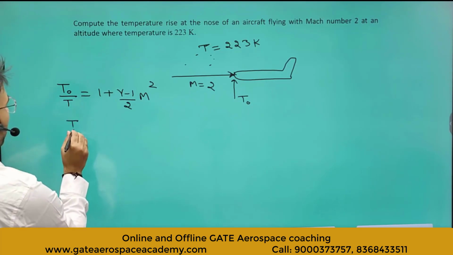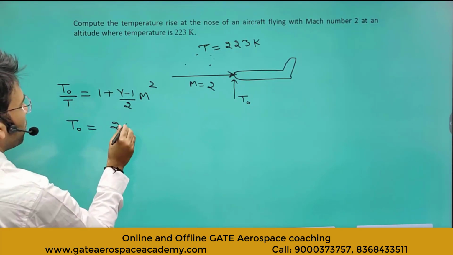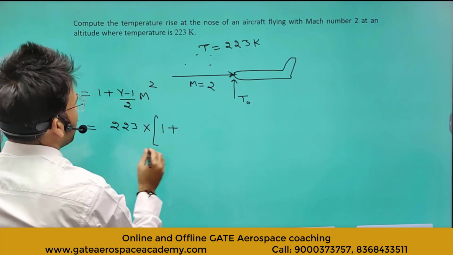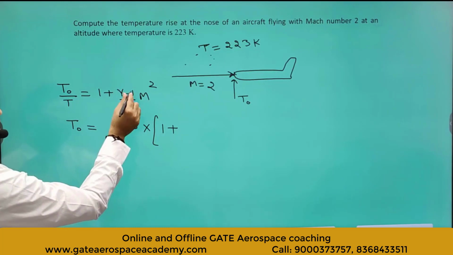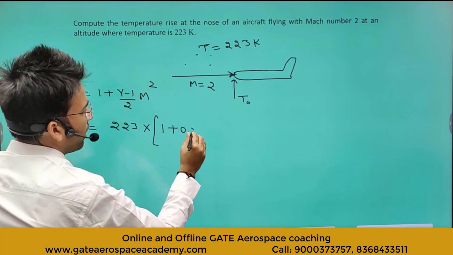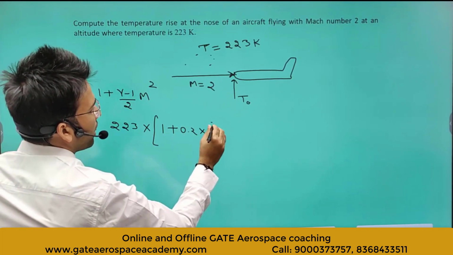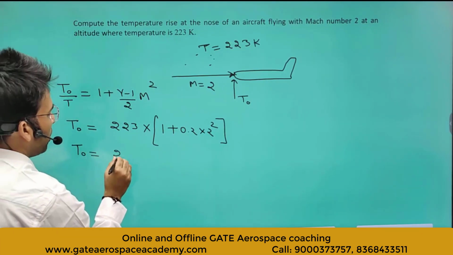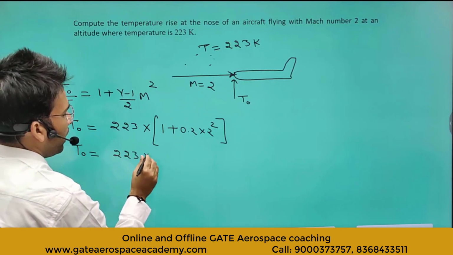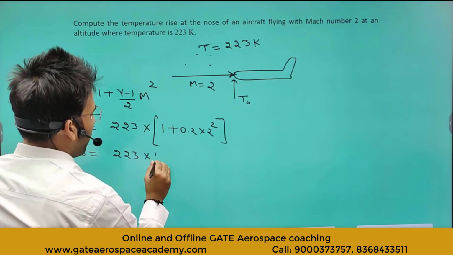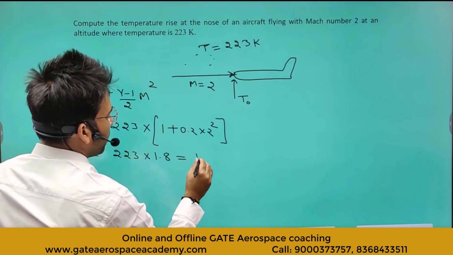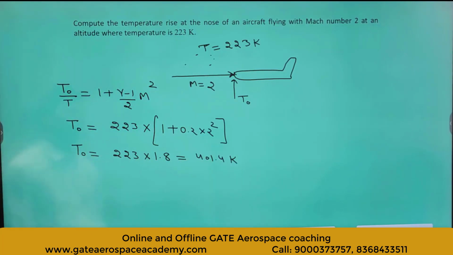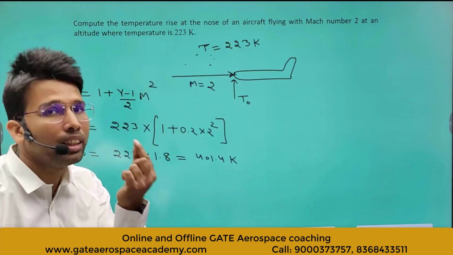So T naught is equal to 223 into 1 plus 1.4 minus 1 upon 2, 0.2 into Mach number 2 squared. So T naught is equal to 223 into 1.8, that is 401.4 Kelvin.